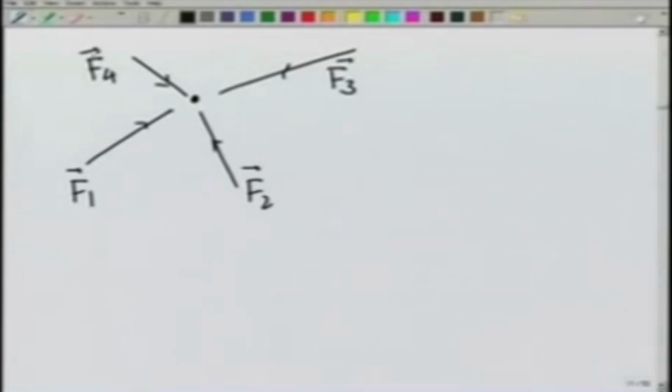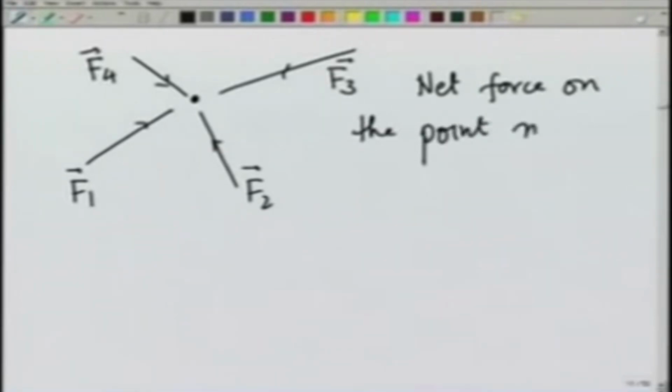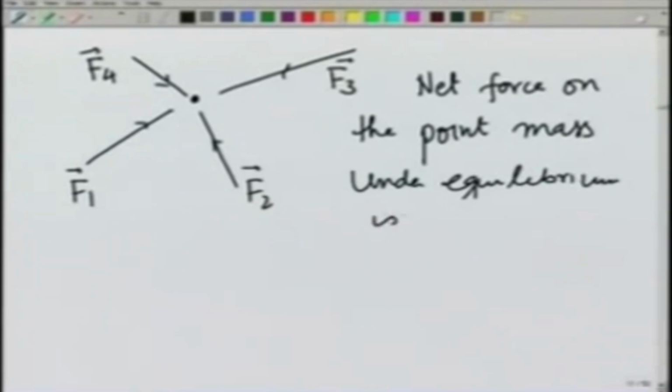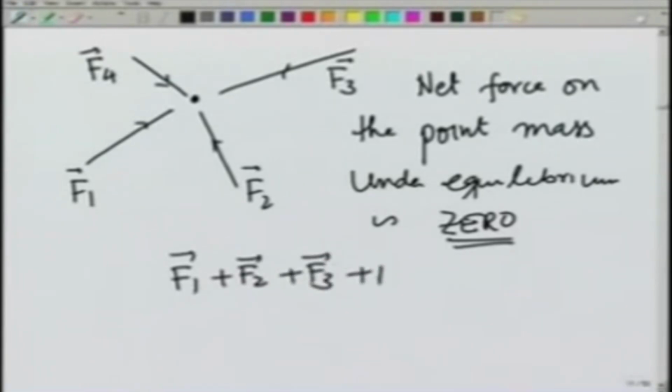If the body does not move and its acceleration is 0, that means the net force on the point mass under equilibrium is 0. And that means, in this particular case, that F1 plus F2 plus F3 plus F4, the vector sum of all these forces gives me the net force, and that must be 0.